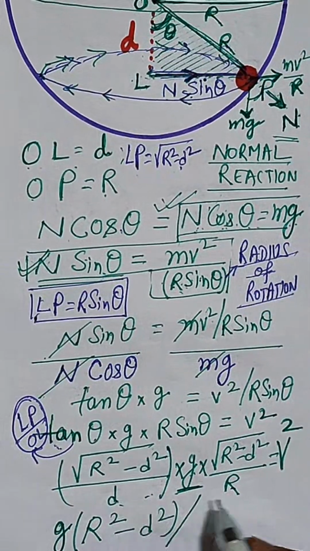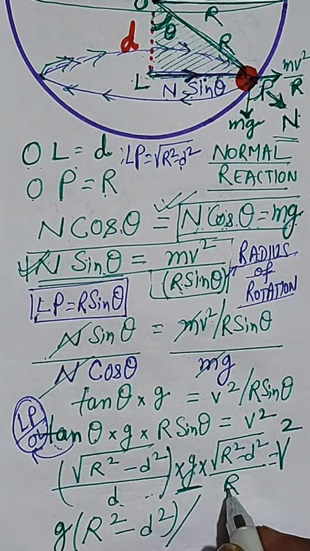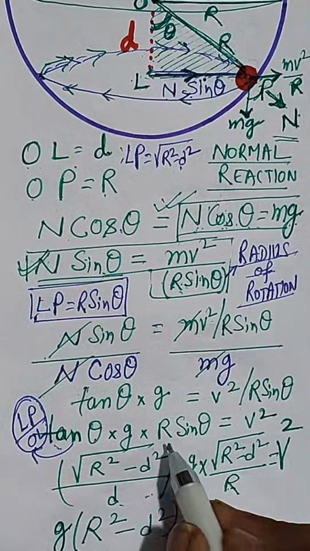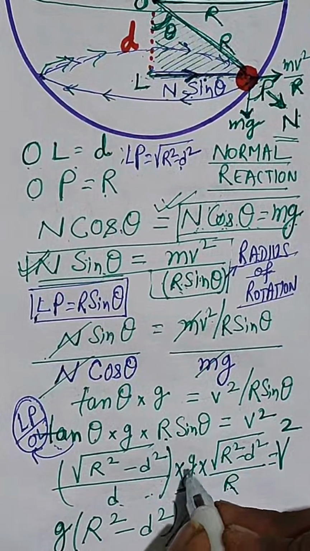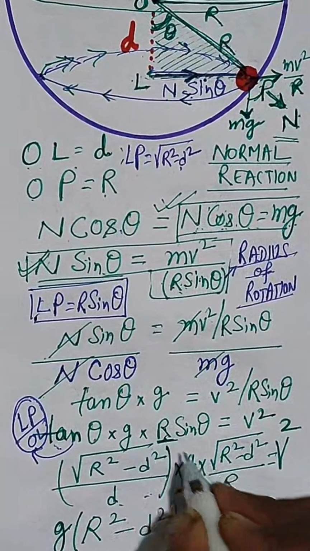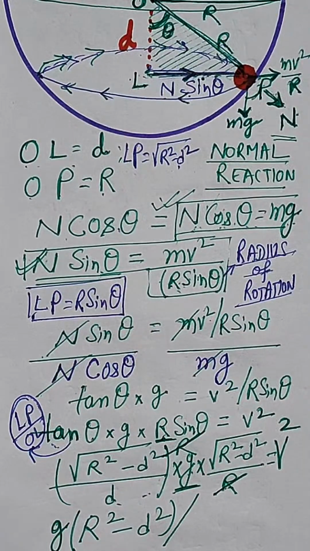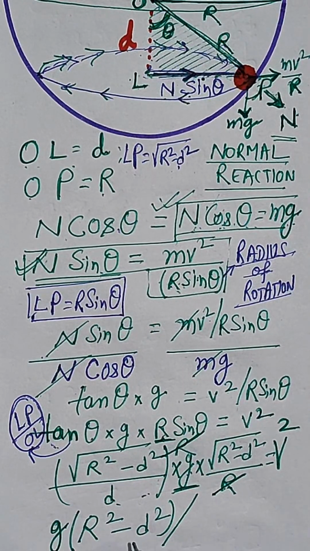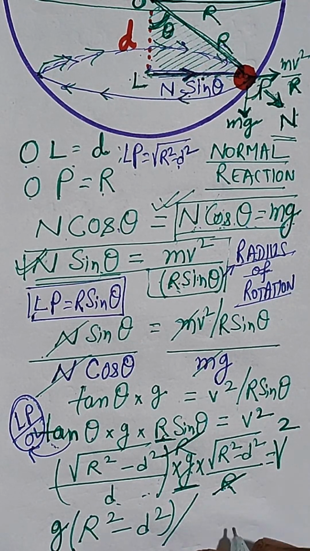D times r, right? So you can see earlier there was an r over here, so this r which we missed over here will be multiplied and this r will be cancelled. This will give you g times r square minus d square divided by d.